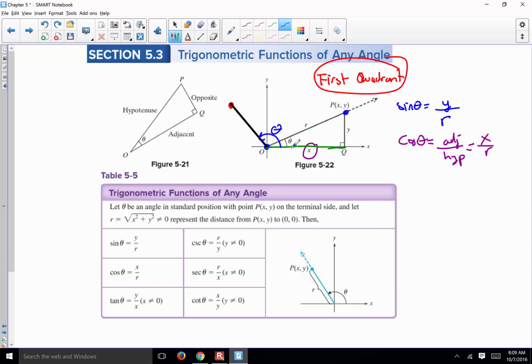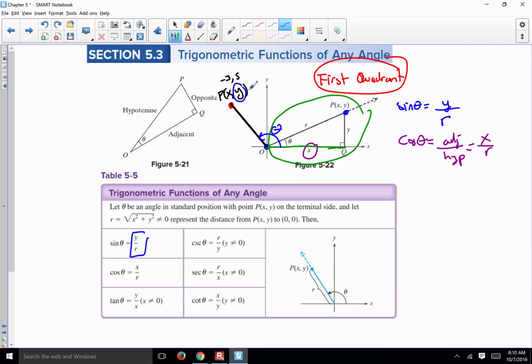Same idea. Just imagine how you were computing in the first quadrant. What was the formula? Y over r. That's what you're going to do. You are going to determine the coordinates of this point. It's going to be given to you like -3 and 5. Your sine will be, what was sine? You need to memorize this.